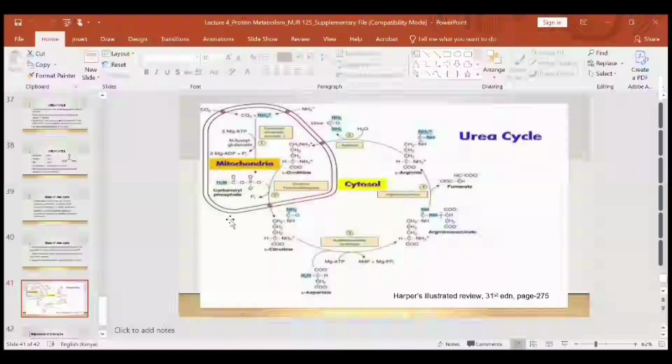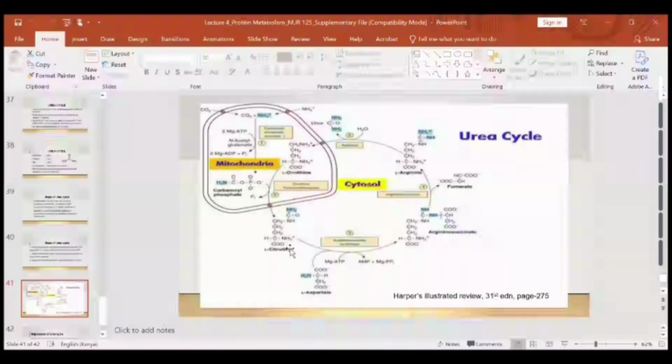And still in the mitochondria of the liver cells, ornithine is combined with carbamoyl phosphate to generate a molecule called citrulline. Of course, that requires an enzyme called ornithine transcarbamylase.